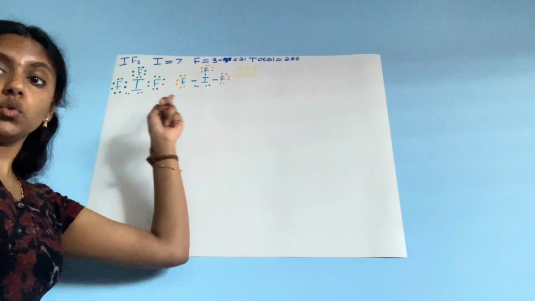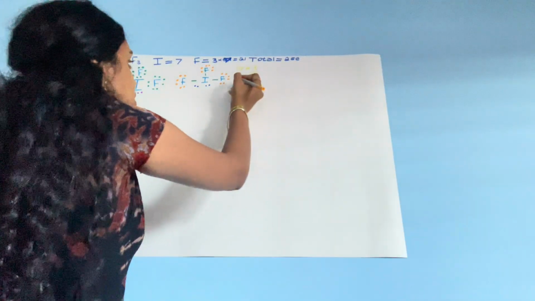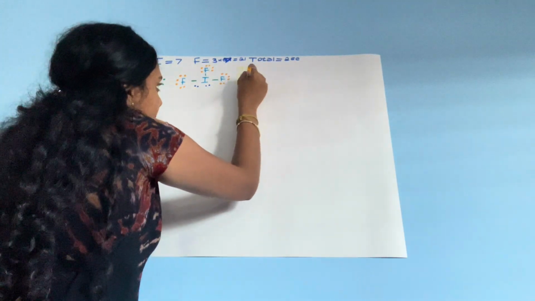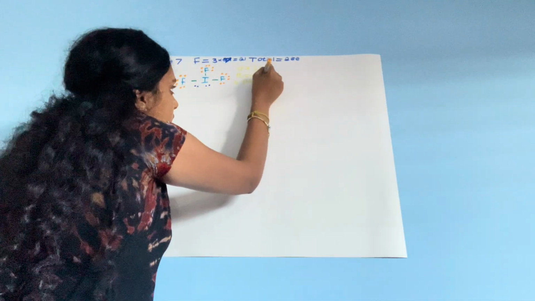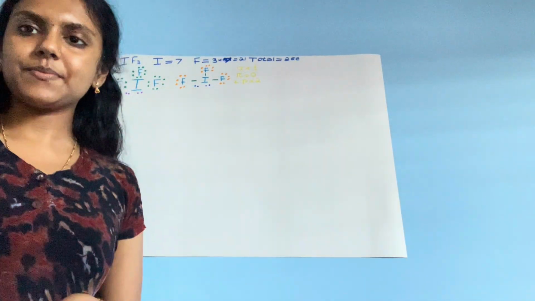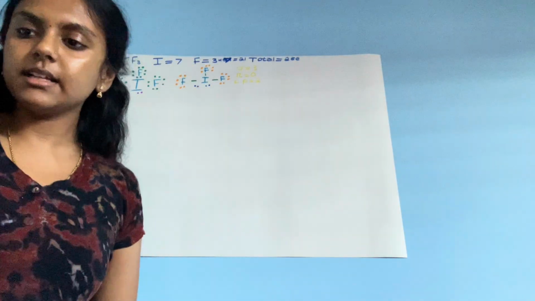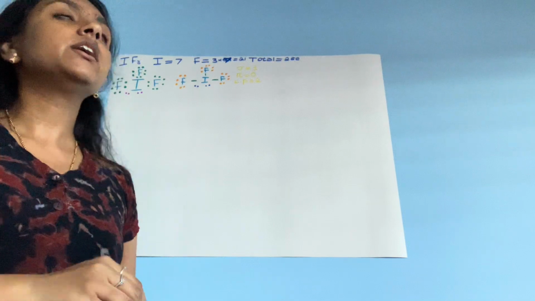We have 2 lone pairs. We're not going to be writing lone pair; for short form, we're just writing LP. And we have 2 lone pairs.